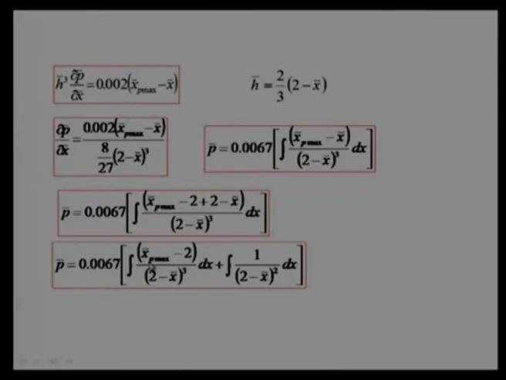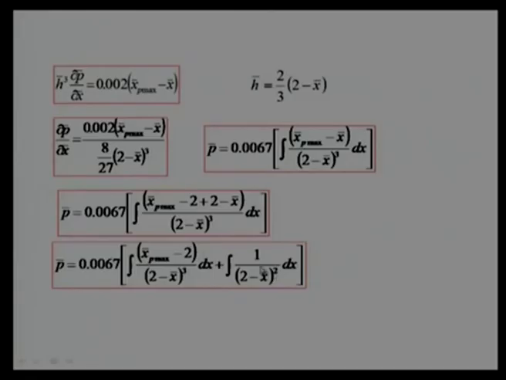This is x bar p max minus 2 divided by 2 minus x bar, and the whole bracket is to the power 3, while in this case 2 minus x is already there. So, that 2 minus x will be cancelled out, and the remaining term will be 2 minus x bar to the power 2.